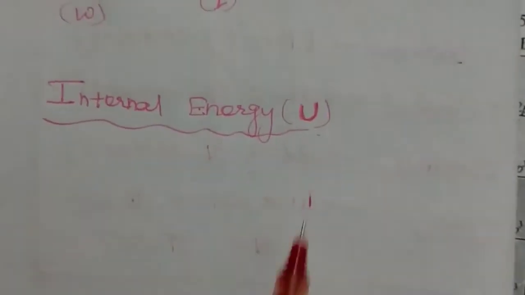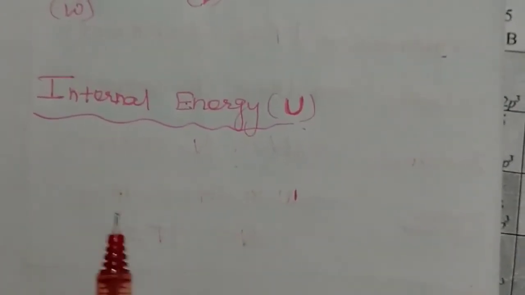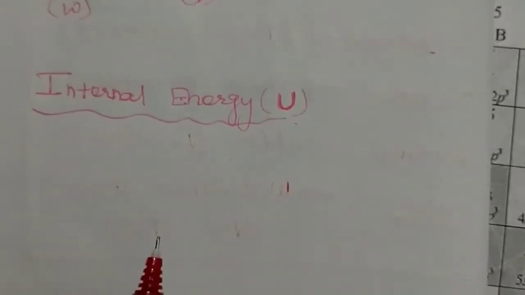So in one system we take some amount of gas or liquid or any solution. If you are calculating the internal energy for a system, then you have to consider the internal energy of each ion, molecule, and constituent participating in that system.